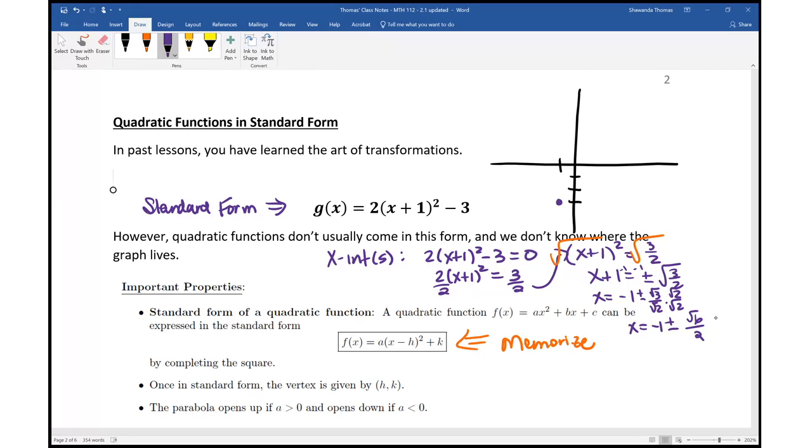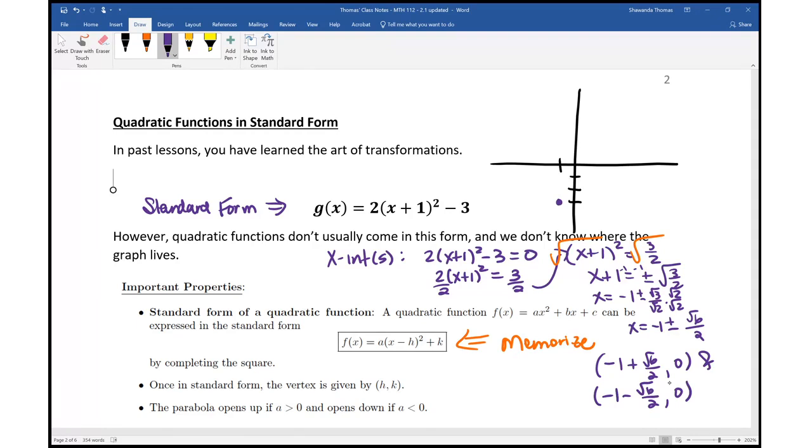So if you put that in a calculator, we know we have one intercept that's (negative 1 plus the square root of 6 over 2, 0), and the other one is (negative 1 minus the square root of 6 over 2, 0). And so what is that really? Negative 1 plus the square root of 6 divided by 2.